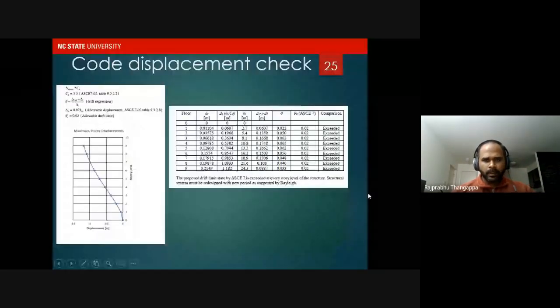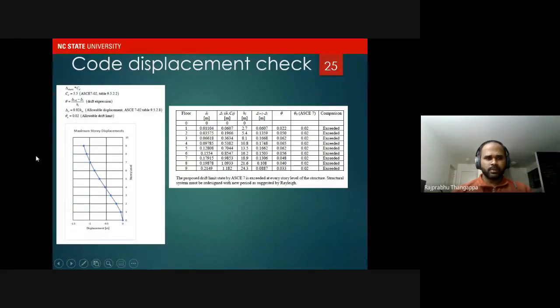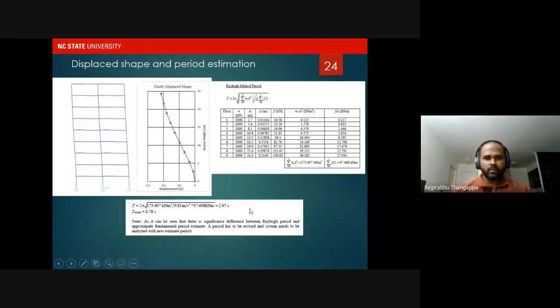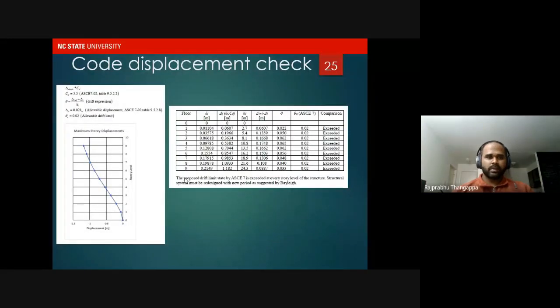Moving on, the final step would be to check for the allowable displacements. So once we converge the period based on the displacements, we would have the final displaced shape of the structure, and we will have to amplify this displacement based on a factor.